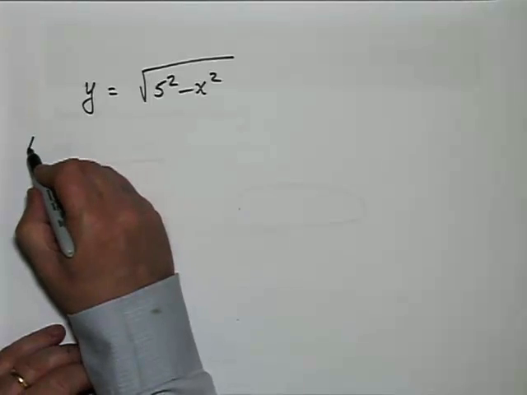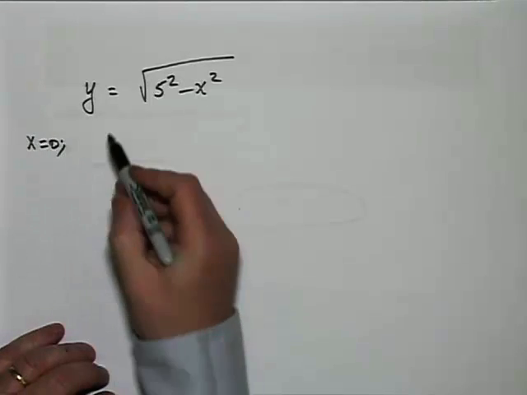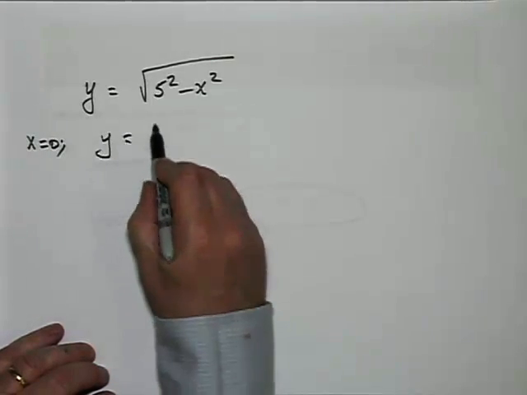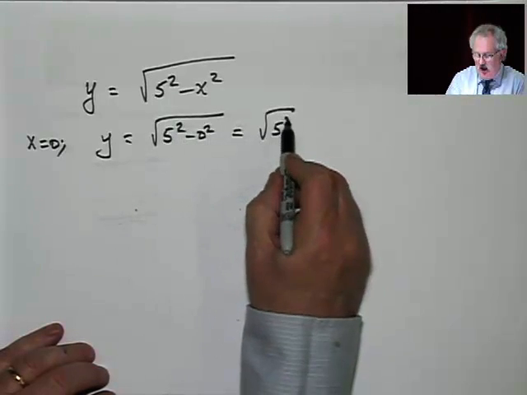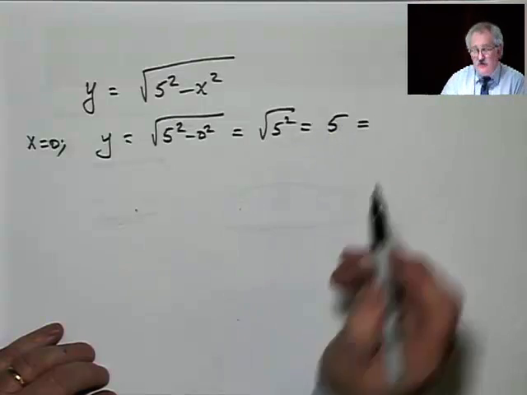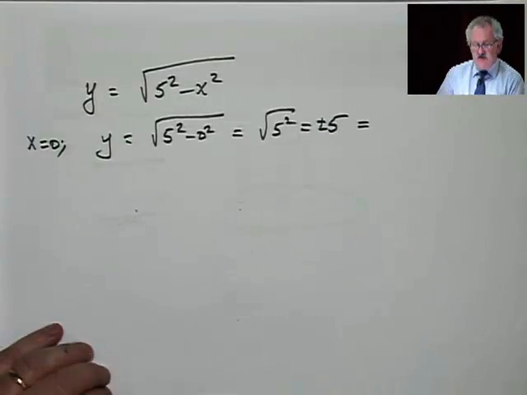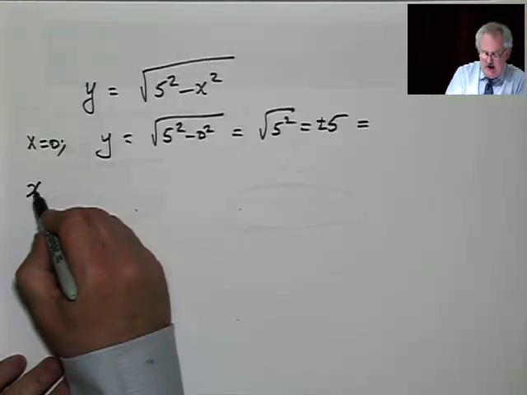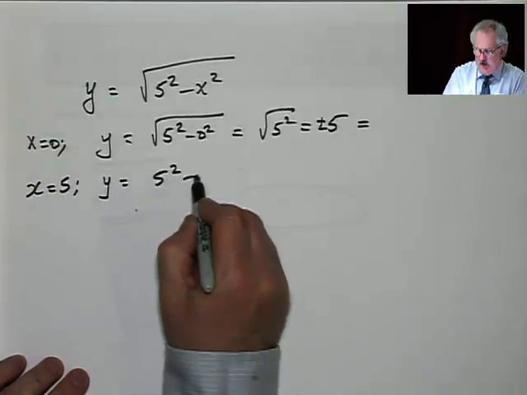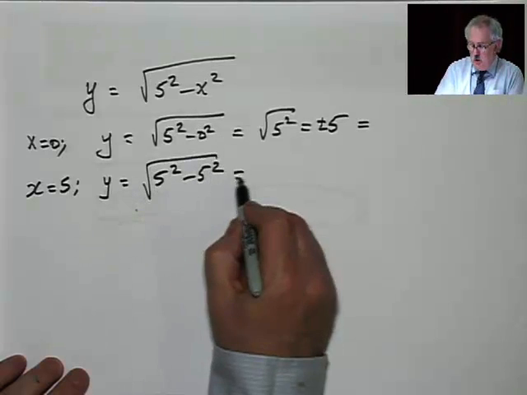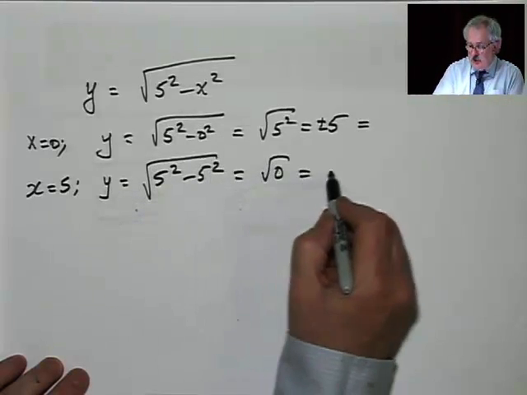We just say, what's the value when x is equal to 0? When x is 0, y is equal to the square root of 5 squared minus nothing squared, which is 5. For the moment, we'll call that plus or minus 5. When x is 5, y is equal to the square root of 5 squared minus 5 squared, which is 0.